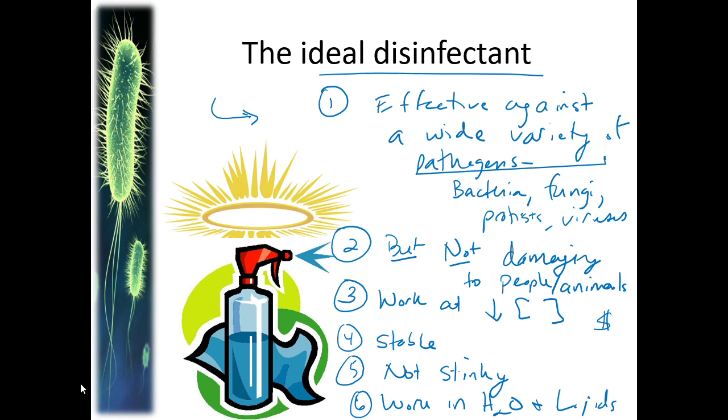You don't want it to leave a damaging residue, because we know that the inanimate objects that we apply disinfectants to often later come in contact with people. And you want it to work at a low concentration. That helps with it not being damaging, but it also reduces the cost. You want it to be stable so that you can stick it in a closet and use it for a long time. Not stinky, because people complain about that. And you want it to work in both water-based solutes and in lipids.